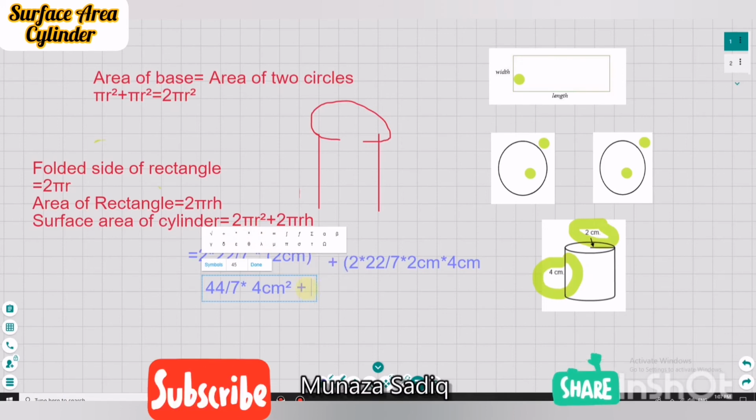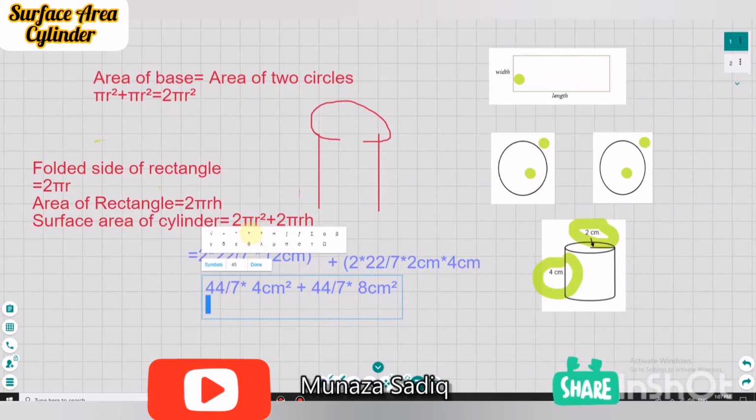The second bracket we will solve. 2 multiplied by 22, that is 44 by 7, and multiply these two. 4 multiplied by 2 is 8 square centimeter, and is equal to.